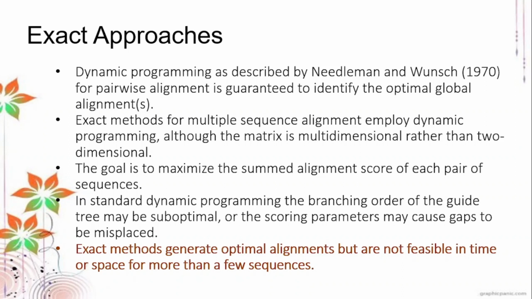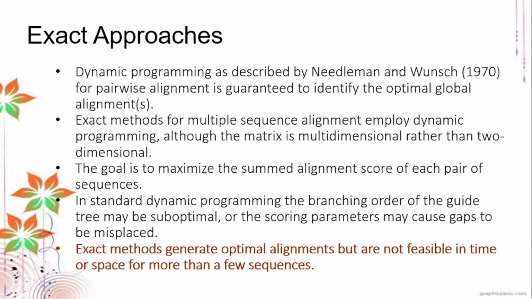So in standard dynamic programming, the branching order of the guide tree matters, because this one is using dynamic programming methods, therefore it also has its own disadvantages, such that if you have a guide tree that is suboptimal, the scoring parameters may cause gaps to be misplaced based on your guide tree.